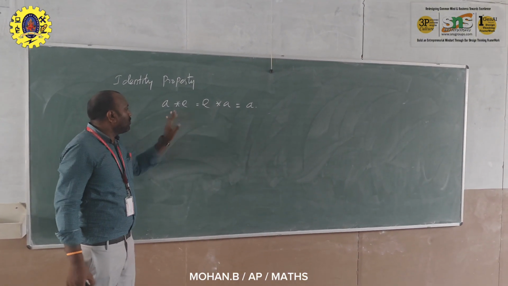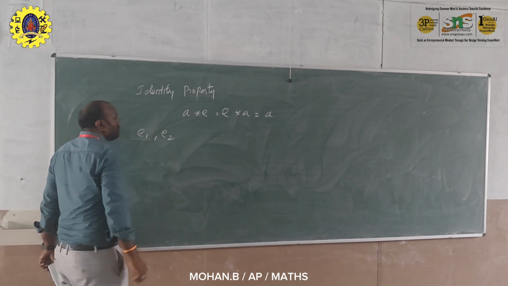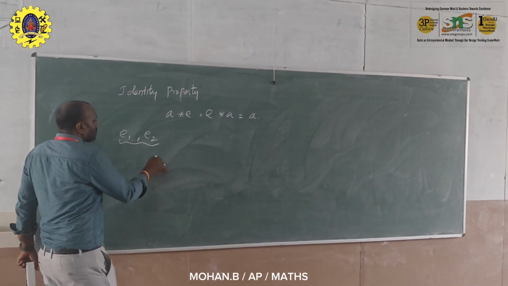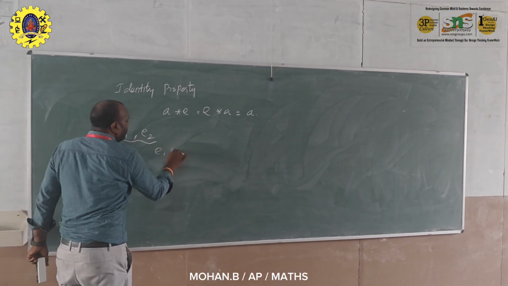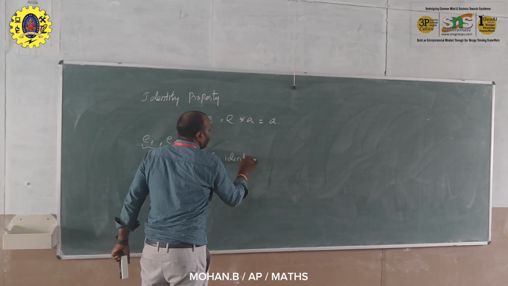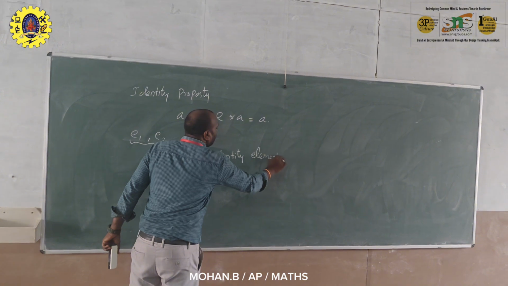So when we use E1 and E2, in this case we first take E1 as the identity element.